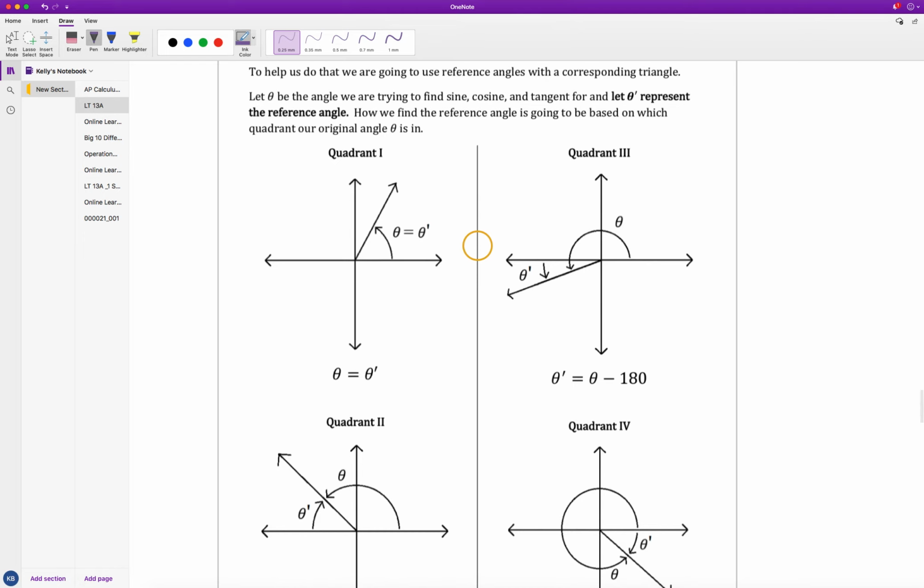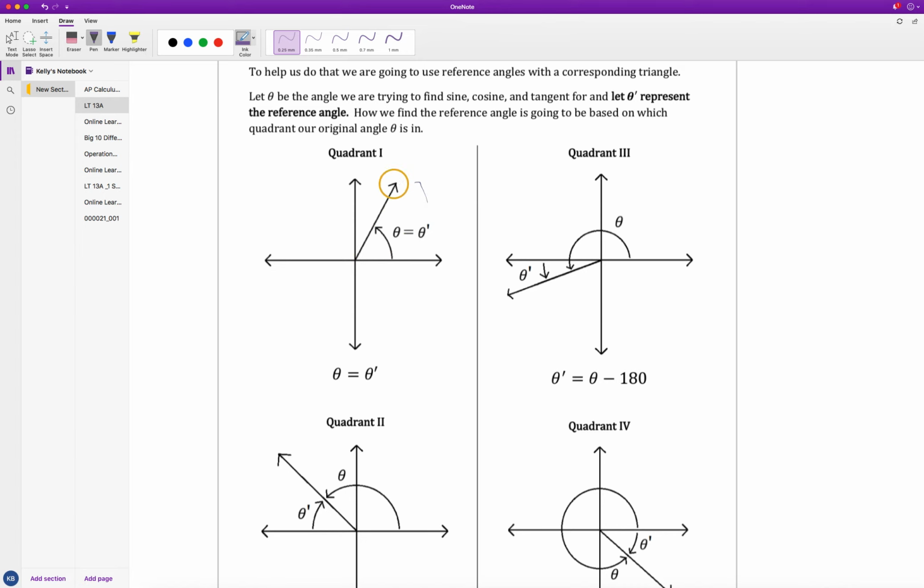So for our reference angles, remember theta prime is going to be the reference angle, and that value for theta prime is either going to be 30, 45, or 60, so that we have one of our special right triangles, and we're going to use that to get the sides of the triangle. Now in quadrant 1, they're going to be equal because the angle is already inside the right triangle that we would draw.